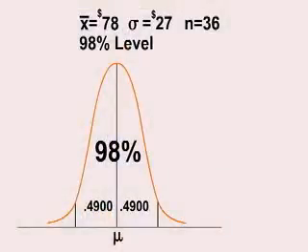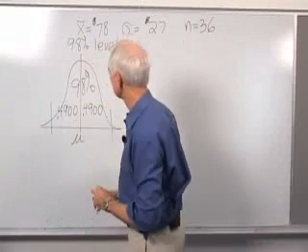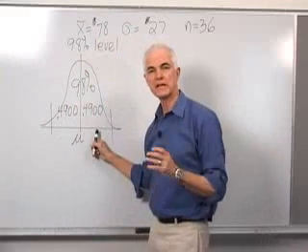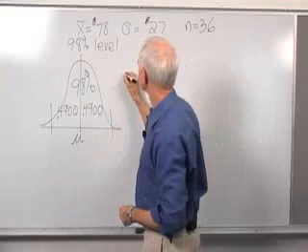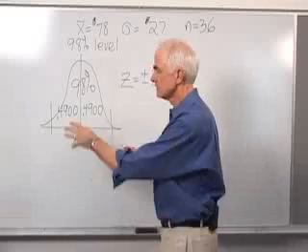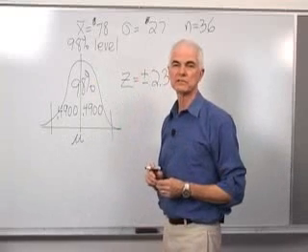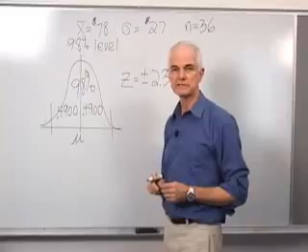That is 4,900 for table purposes, since it goes out 4 values. We look up the 4,900 in the table, and we will obtain a z-value of plus or minus 2.33.